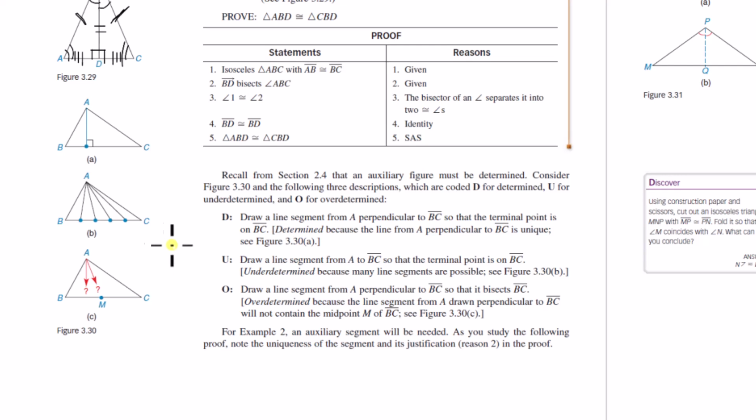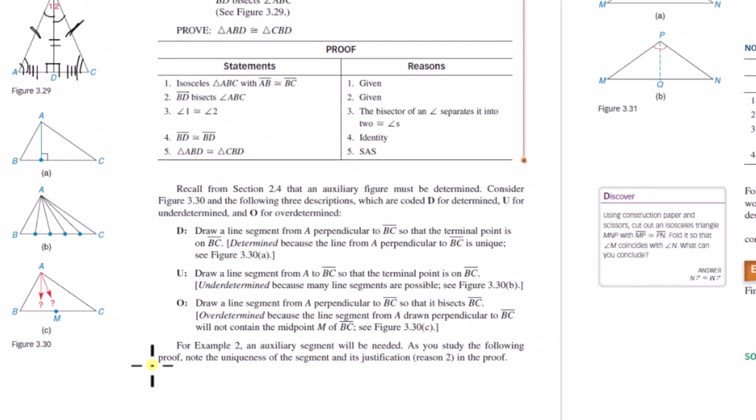Okay, so again, it's really important to understand this concept of properly constrained figures in general, but specifically here where we're focusing on these auxiliary figures that we're going to be adding to figures to help us prove theorems or just analyze the problem we're dealing with.